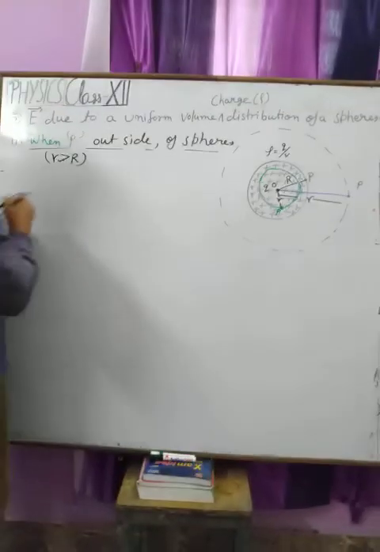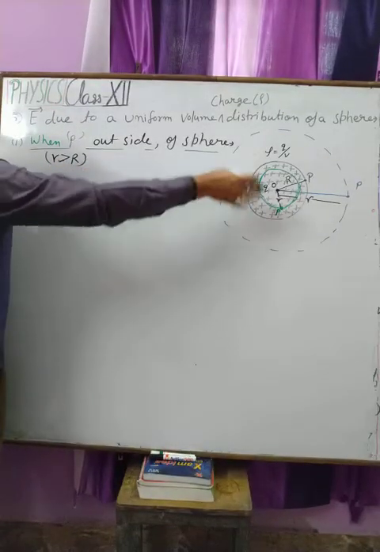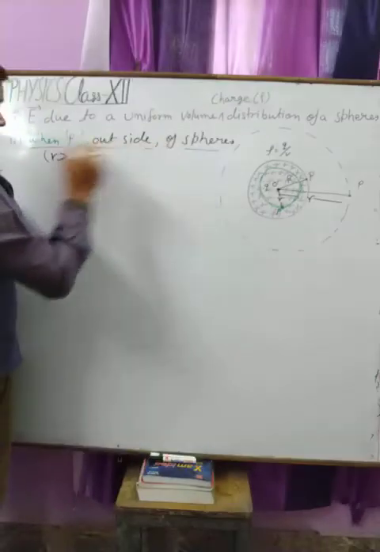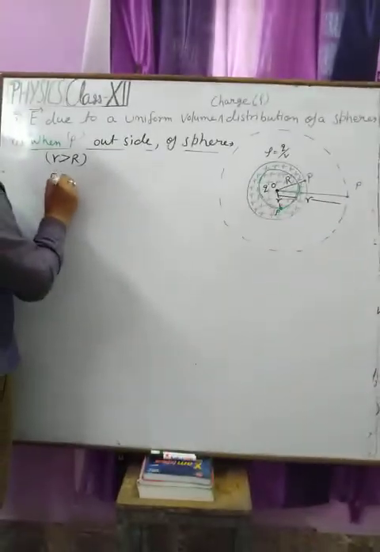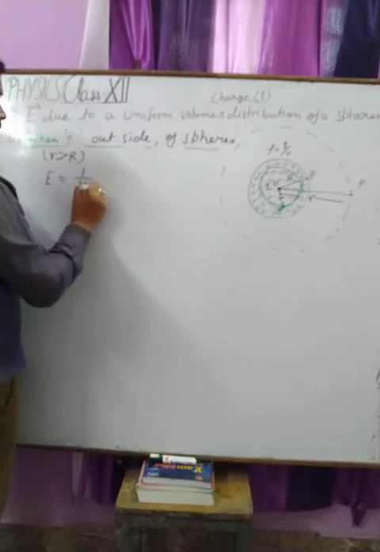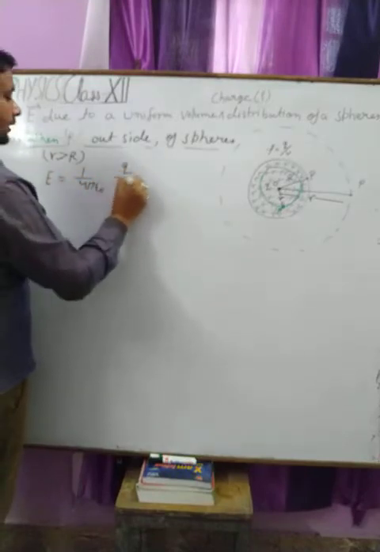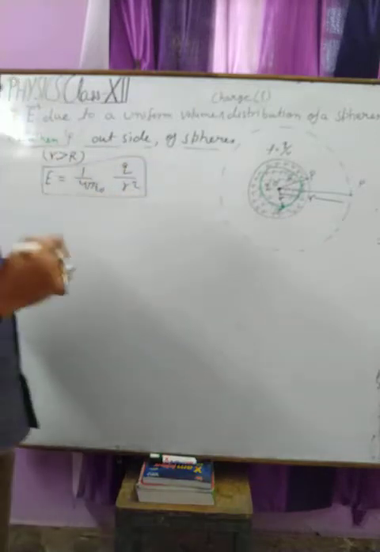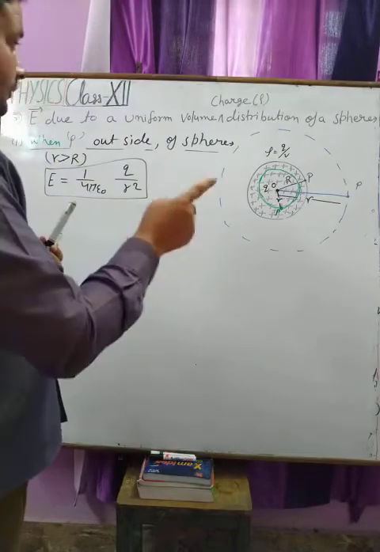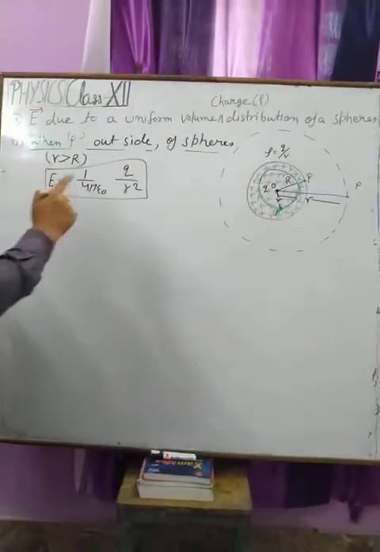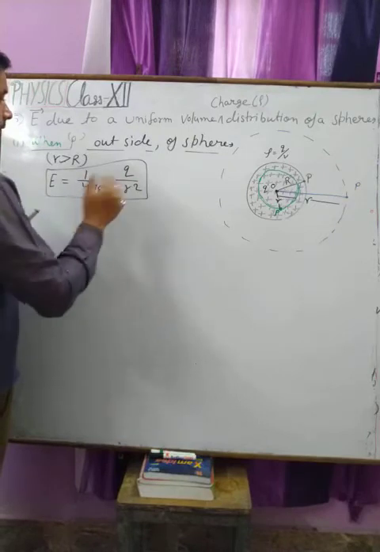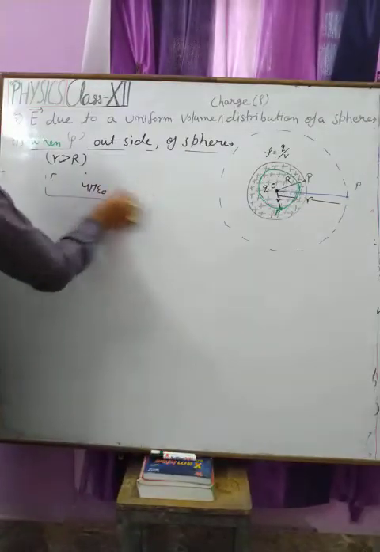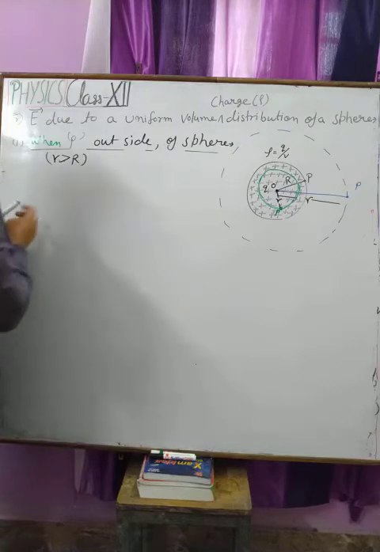Now we are finding the electric field due to this volume charged spherical cell, that is given by E is equal to 1 upon 4 pi epsilon naught q upon small r square. This is exactly the same as you calculated earlier; I am solving it for you as we calculated earlier.